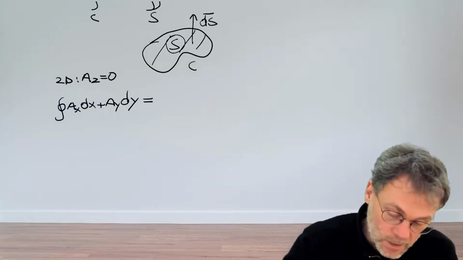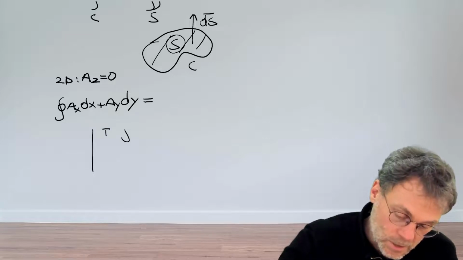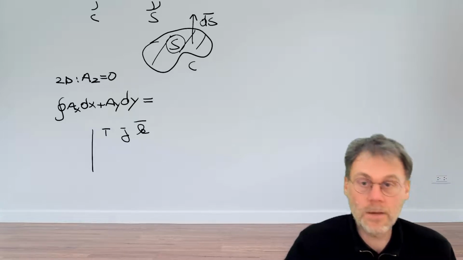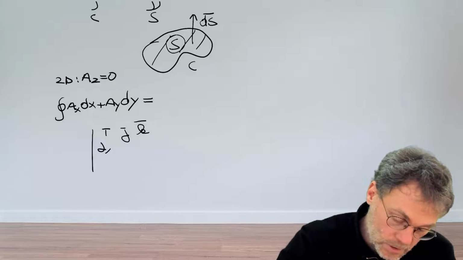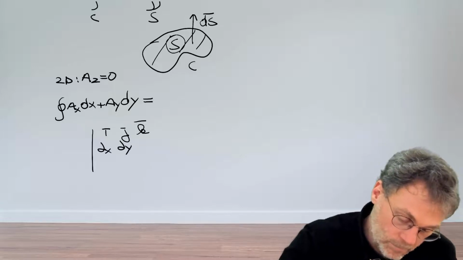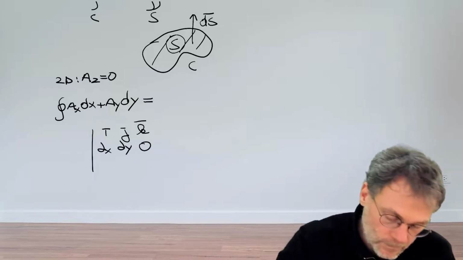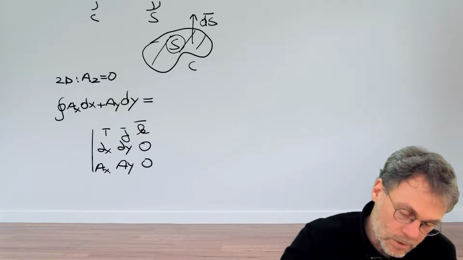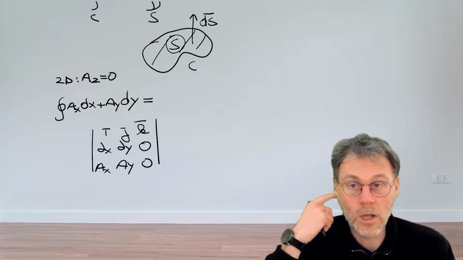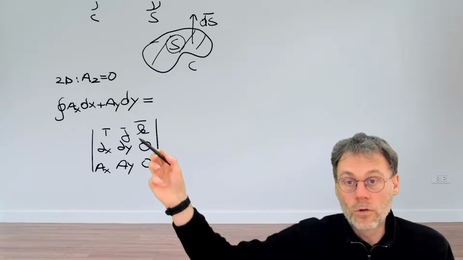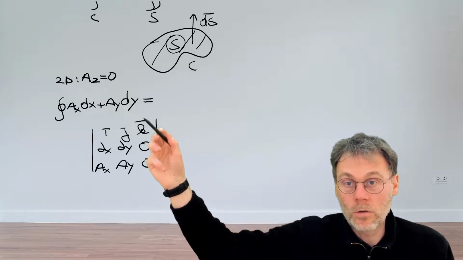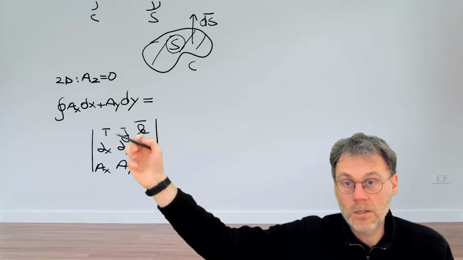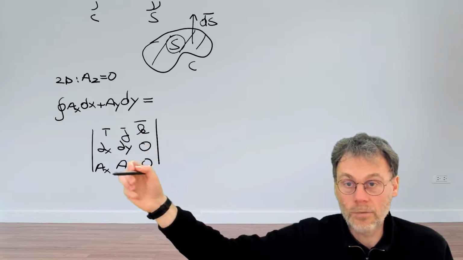So if we calculate that, we have the determinant i, j, k, and then the partial derivatives ∂x, ∂y, there's no ∂z. And then we have Ax, Ay, and again, no z component. So for the whole z component of the curl, we just get rid of this line and this column, and then we take this little sub-determinant here.